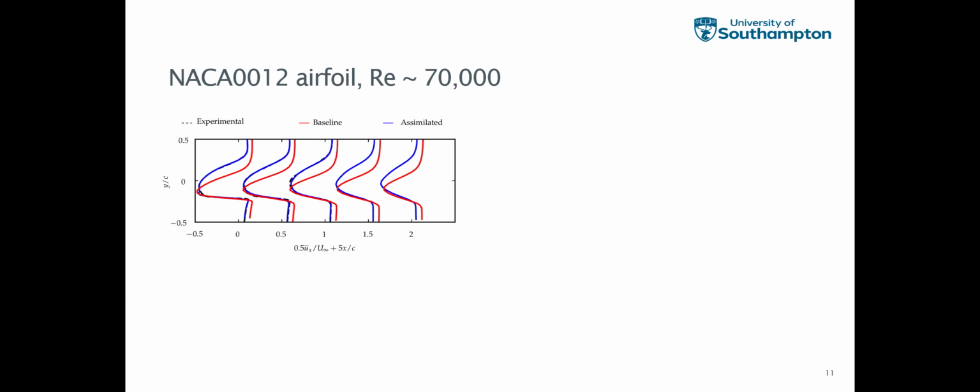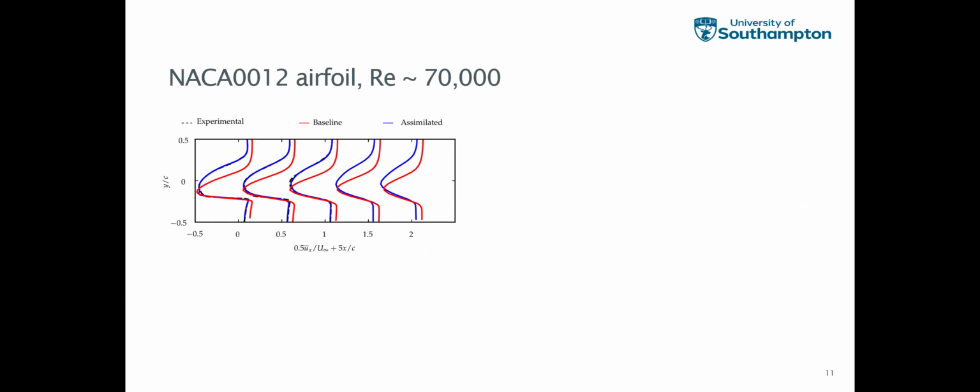So the next thing that we looked at was, is the assimilation performing well outside the region of the experimental field of view? These are the wake deficit profiles in the wake of the airfoil. So you notice here that the data is available only up to the point where you see the black dashed lines. I know it's quite faint, but you can really see that it stops after the third profile.